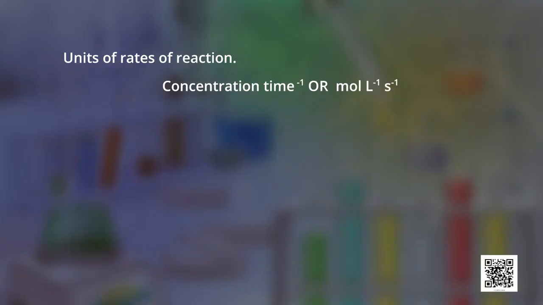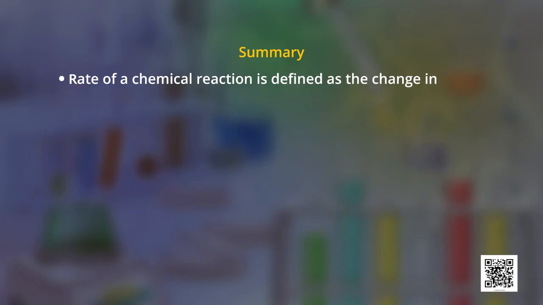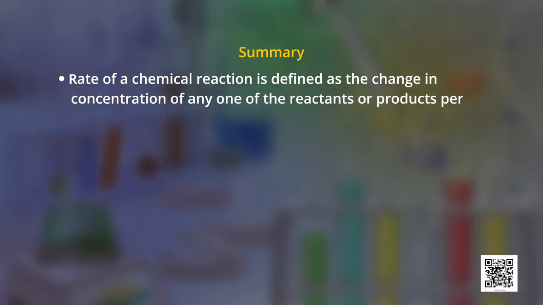We know that unit of concentration is moles per liter and unit of time is second. Now, can you derive the unit of rate of reaction? Yes, you are right. It is moles per liter per second. We have arrived at the conclusion that rate of a chemical reaction is defined as the change in concentration of any one of the reactants or products per unit time.